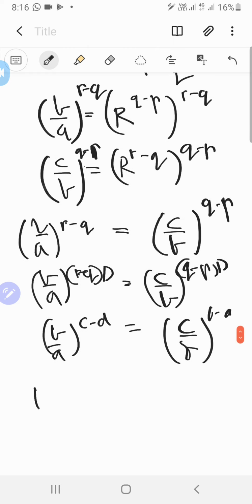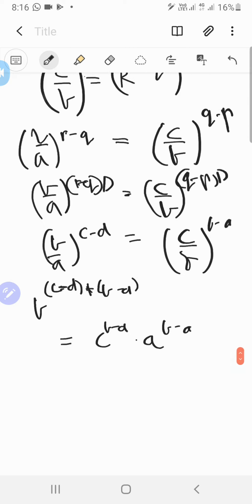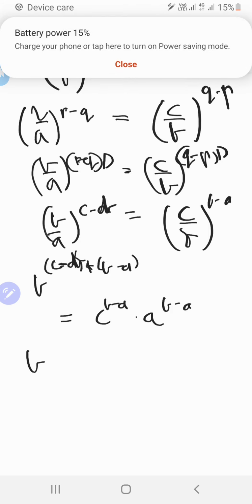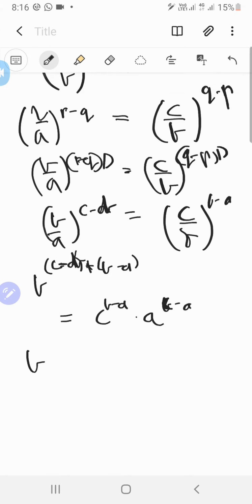Okay, so you get b to the c minus b plus b minus a power, that is equal to c to the b minus a power into a to the c minus b power.